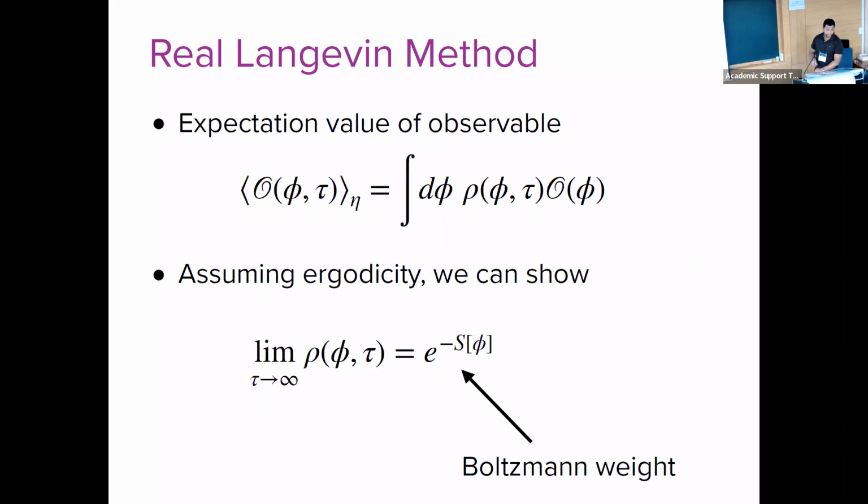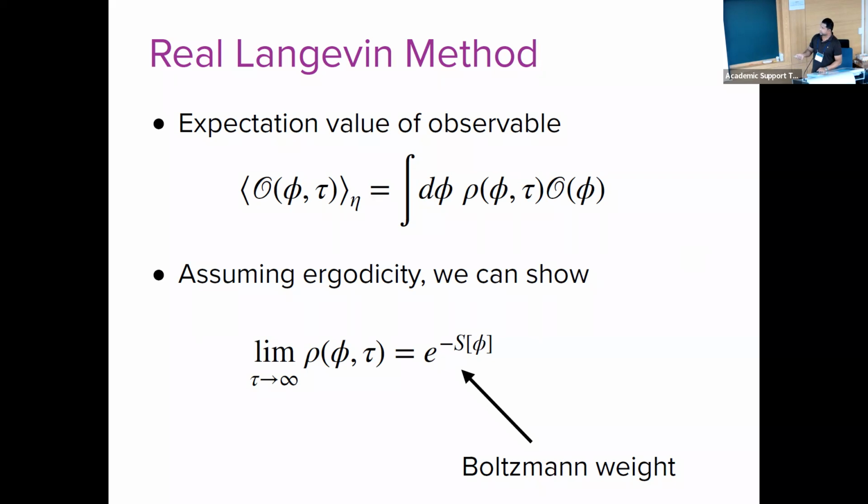So let's move on. We are looking at quantum field theory with stochastic quantization. This is a fancy modification of path integral quantization. We compute the expectation value of an observable, say O of phi, through this.